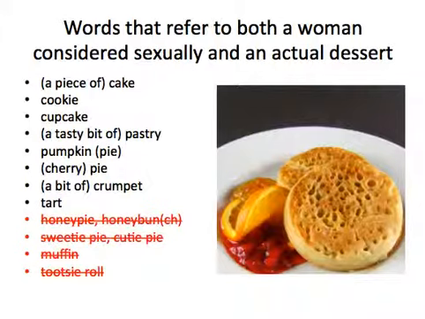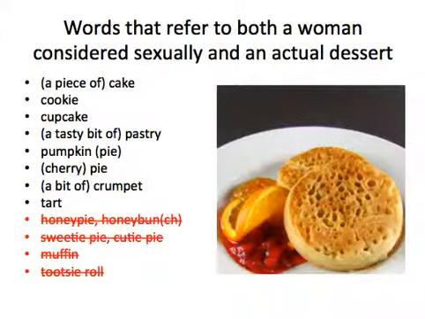connotations, as tart, the one below there, but cookie, cupcake, a tasty bit of pastry, which is shortened really to a tasty bit, pumpkin, which is pretty innocuous, used for children. Cherry pie, there's a notion of cherry pie that we'll look at in a moment, the relation of cherry to vagina. A bit of crumpet, I think that's more like British English. And then we have tart, of course, which is very negative, and we saw how that was derived as kind of rhyming with sweetheart, jam tart, and then shortened to tart.